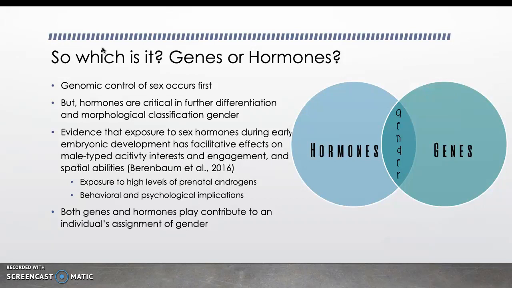It's been linked to exposure to high levels of prenatal androgens. That has an implication in the behavioral basis of sex that we don't fully understand yet. At the end of the day, it's clear that it's the interplay of genes and hormones that determines gender, and that one cannot work without the other.